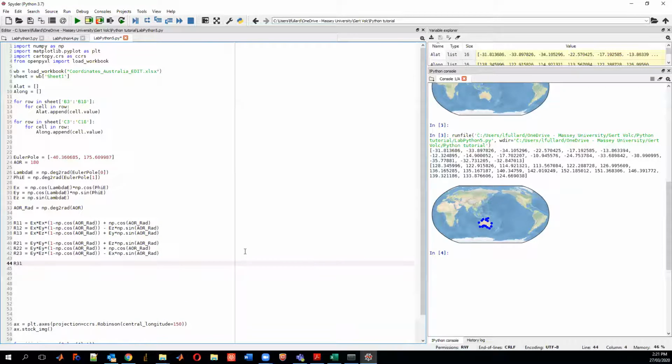And finally, so that's the second row done. Finally, the third row, R31, EZ times EX times 1 minus numpy.cos(AOR rad), minus EY times numpy.sin(AOR rad).